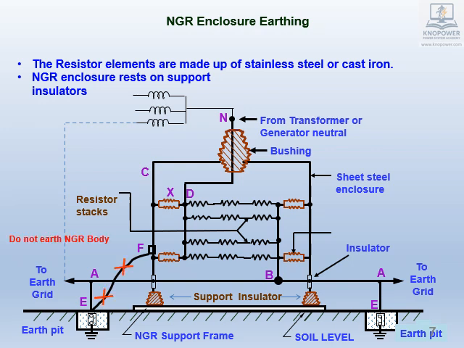Unlike other electrical panels, NGR enclosure should not be earthed. The reason for the same will be explained in next slide. Since the panel is not earthed like conventional panels, it is mounted on a pedestal to minimize the chance of human contact with panel body.